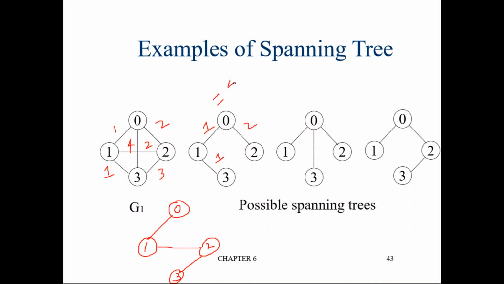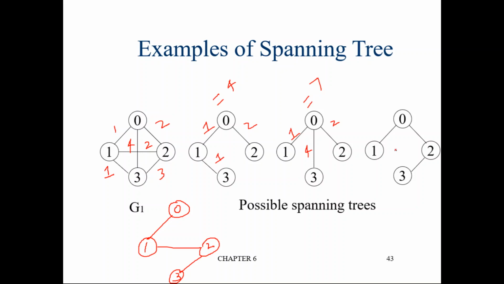If you take this spanning tree, 0 to 1 is 1, 0 to 3 is 4, and 0 to 2 is 2. So what is this cost? 4 plus 1, 5, 5 plus 2, 7. The cost of this spanning tree is 7.